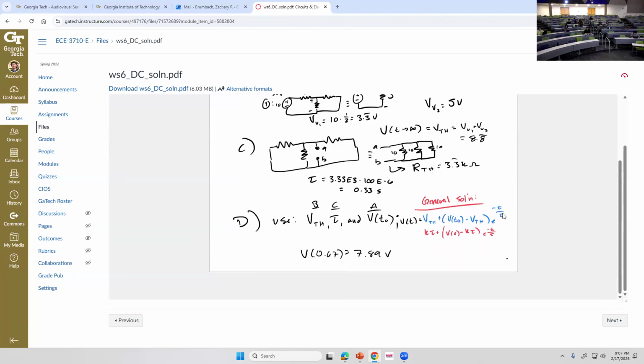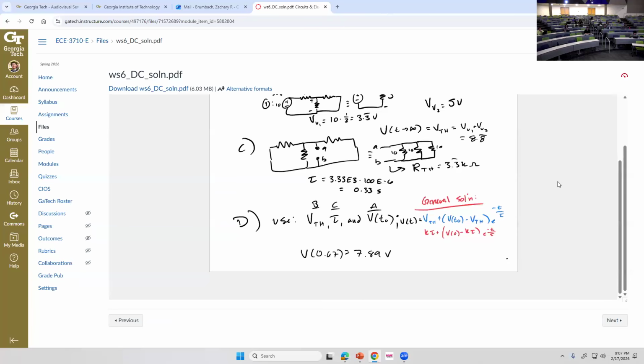You can look at this and intuitively know what it means by scaling t. If t is 0, we have e to the 0, which is 1. So with V Thevenin minus V Thevenin plus initial condition at time 0, we'll have our initial condition. That makes sense.